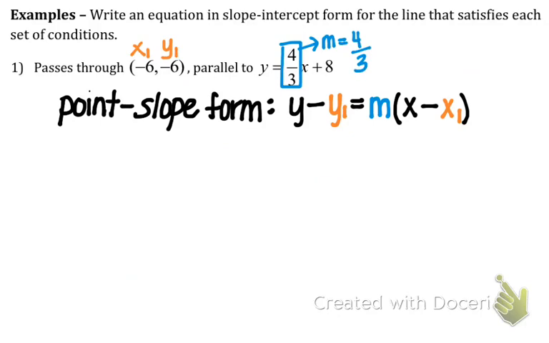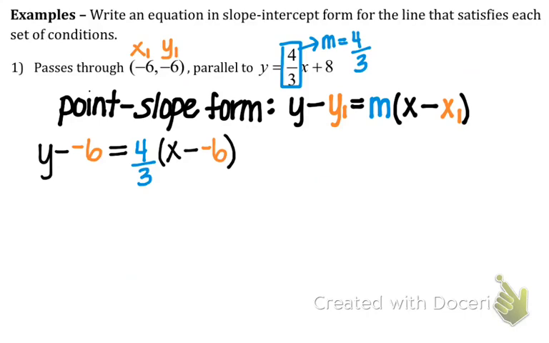So let's start plugging into point-slope form. Anything written in black never changes, so your y minus will always be there. Now we're going to plug in y1, which is -6. So y minus -6 is equal to m, which is positive 4/3, times (x minus x1, which is also -6).